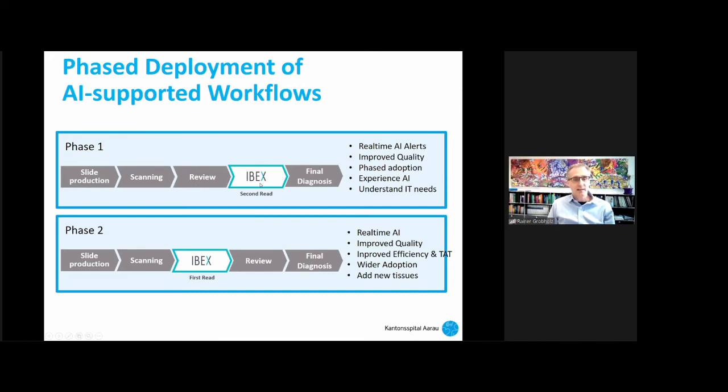And then there's a feedback whether or not the review is complete and the final diagnosis can be made, or something may be overlooked. But this will be followed by a second phase where we have the first read. So after the scanning, the software reads my slides, and then it comes back to the pathologist and says, oh, look over here, this might be cancer. And then we can set up a final diagnosis.